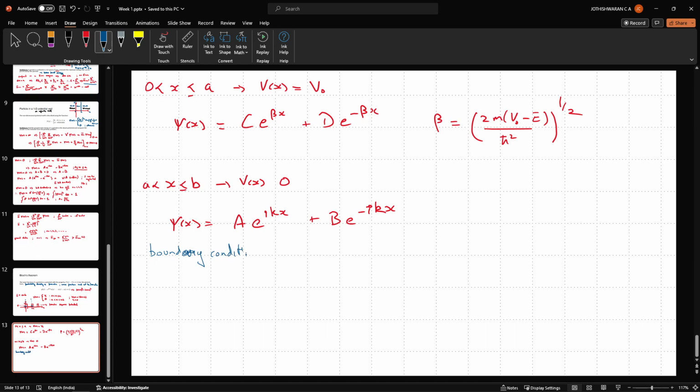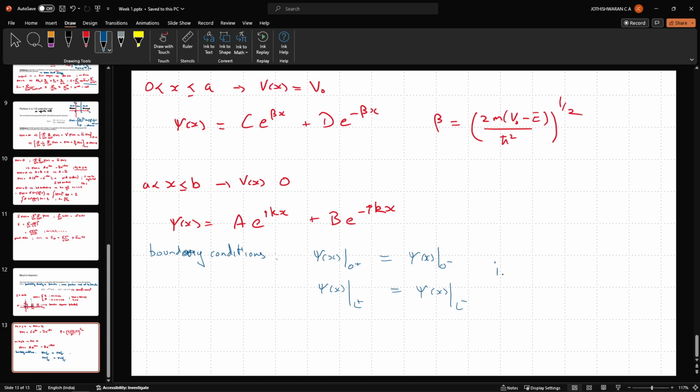Conditions are as follows: psi of x at 0 plus is equal to psi of x at 0 minus. 0 plus and 0 minus are the left and right neighborhoods of the point 0, and similarly psi of x at L plus is equal to psi of x at L minus.